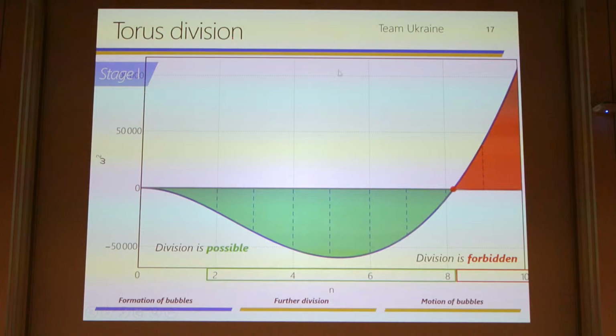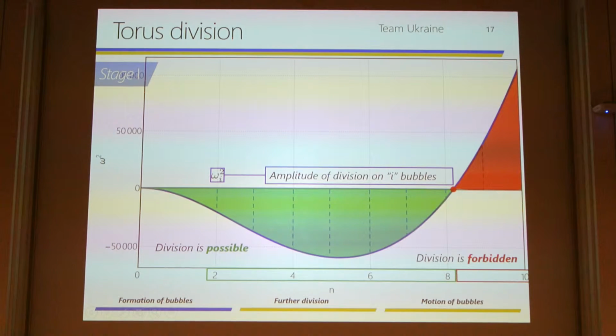Since the characteristic time that is required for a mode of instability to be excited is inversely proportional to the frequency of this mode, we implement the following formula showing the probability of division into different numbers of bubbles.